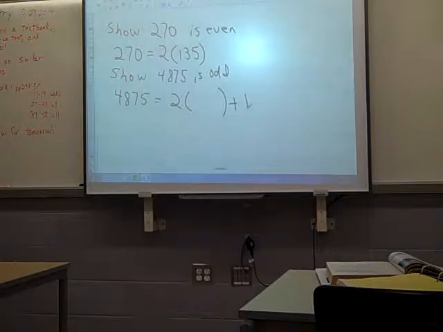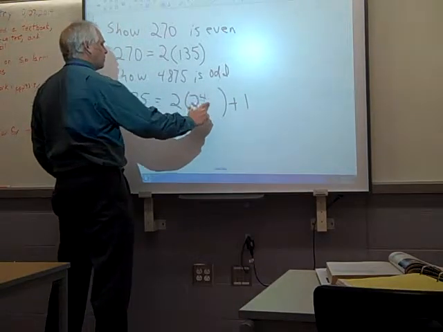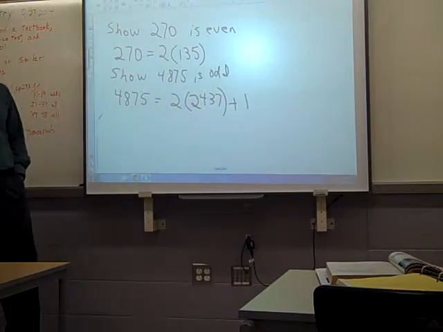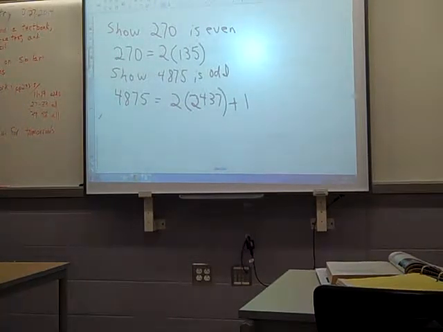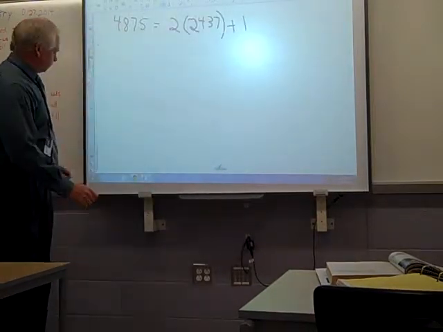What's half of 4,000? 2,000. What's half of 800? 400. 37 times 2 is 74, right? What'd you say, 2,437? Okay, that is our integer k. There is an integer out there that lets us do that. So that proves that. Okay?